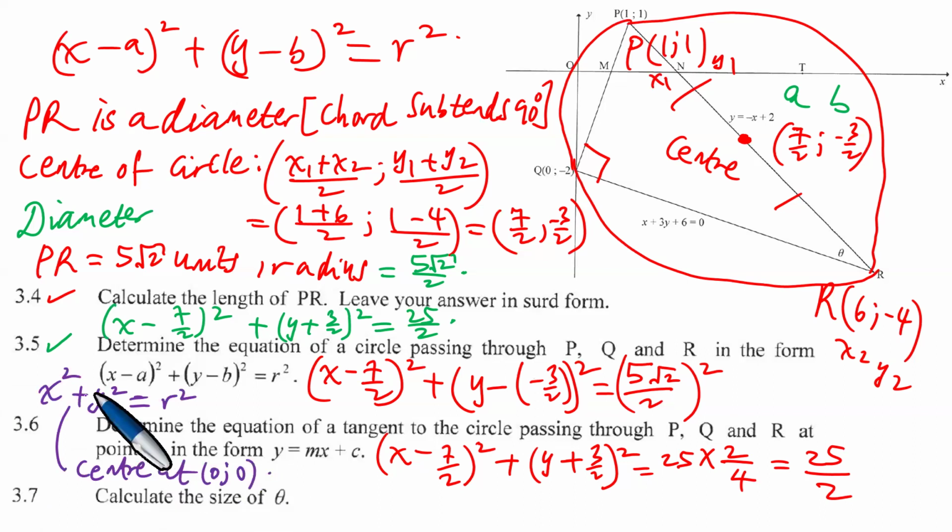If a and b are both 0, and then we have x squared plus y squared equals r squared, this becomes the equation of a circle whose center is at the origin of the plane. We continue to solve more math by doing the next question as follows.